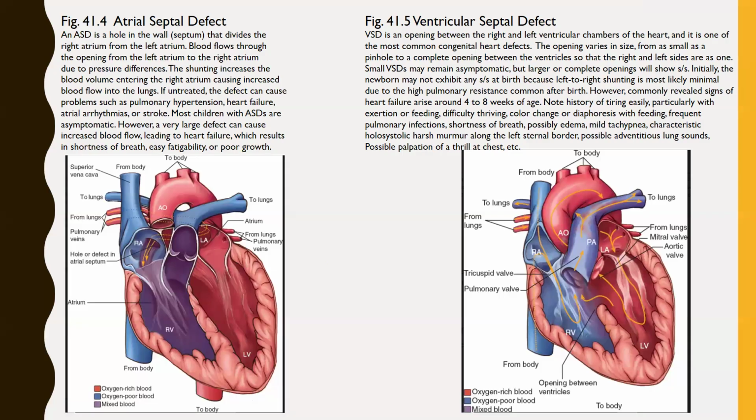Initially, these babies may not have any signs and symptoms at birth because of the left to right shunting being minimal due to the high pulmonary resistance right after birth. However, commonly revealed signs of heart failure arise around 4 to 8 weeks of age.